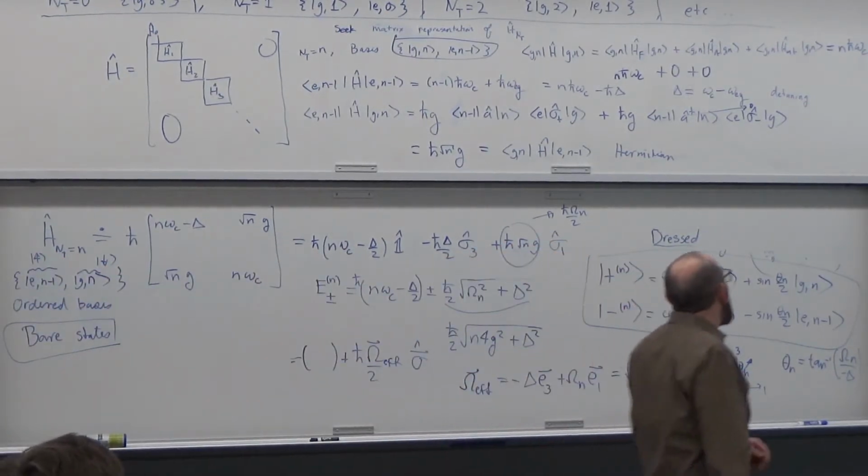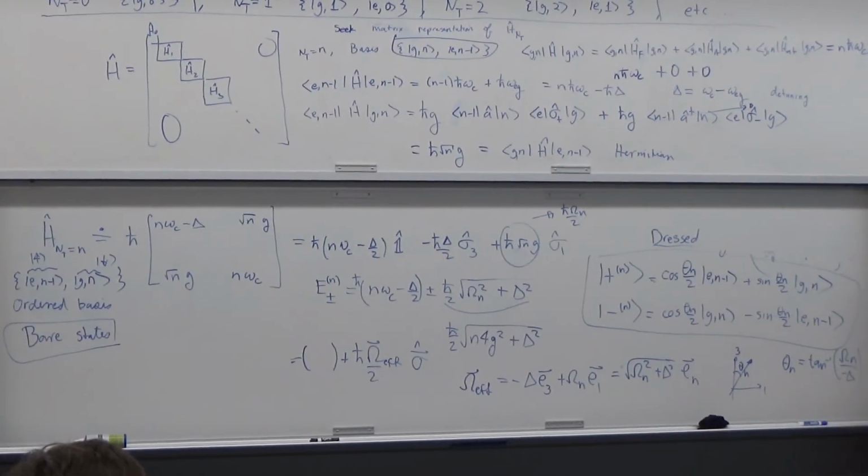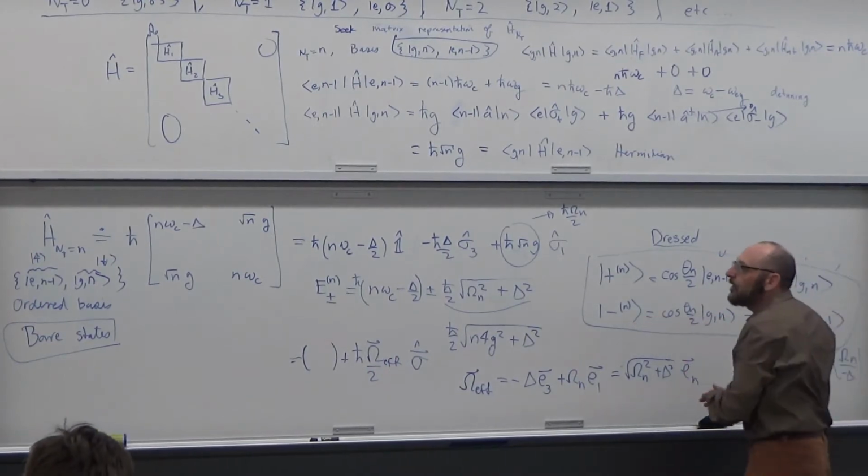Sometimes this is known as an atom-photon molecule, in the sense that it's a kind of combined eigenstate of the atom and the photon together. Okay? And these are the dressed energy levels.